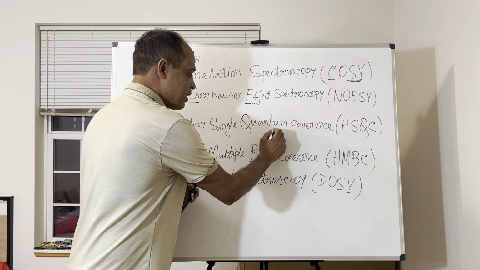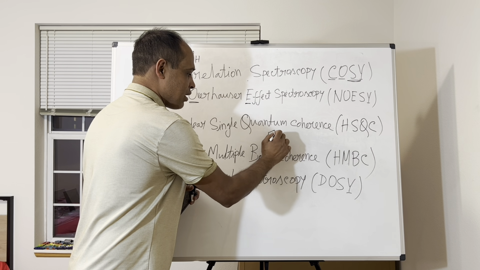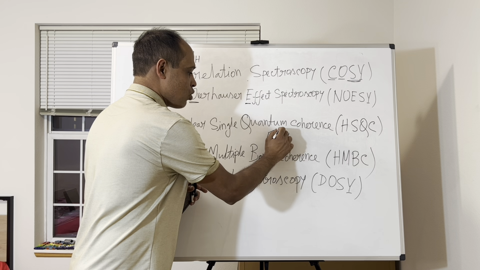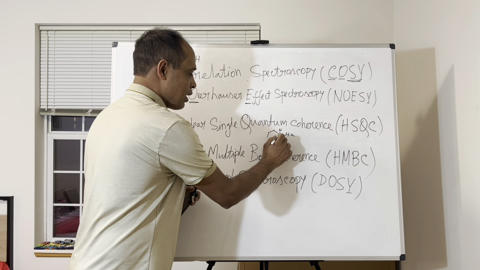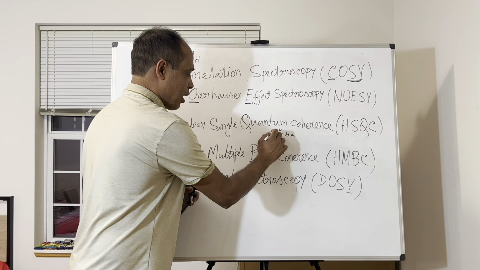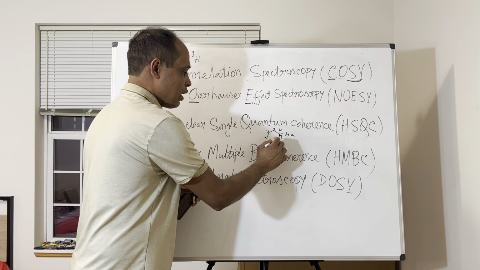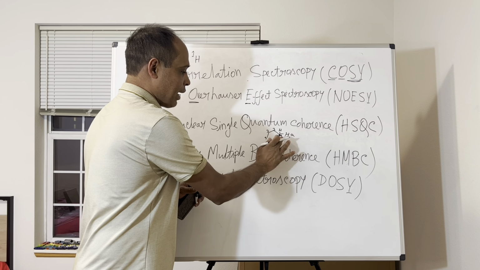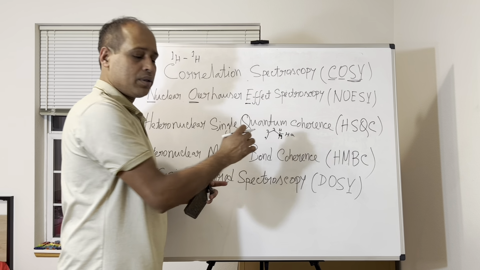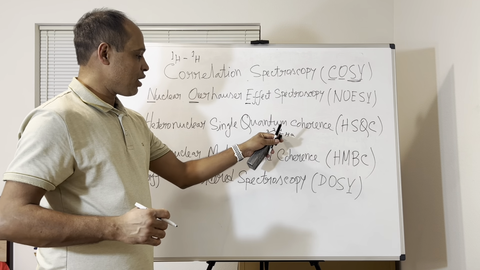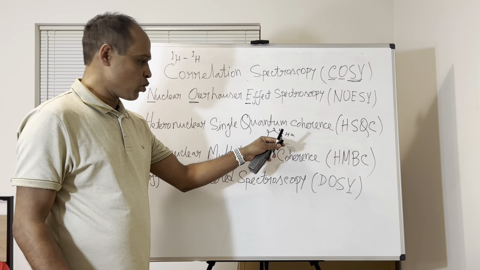So if you have a structure, suppose this is proton HA, and this HA proton is on this carbon. If you number the carbons 1, 2, 3, 4, this HA will be connected with carbon 1. So you can easily find out that this HA is on carbon number 1.